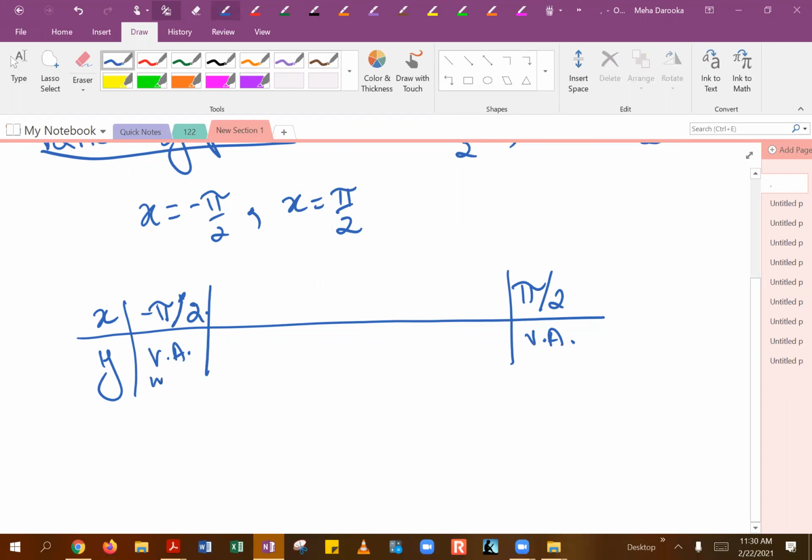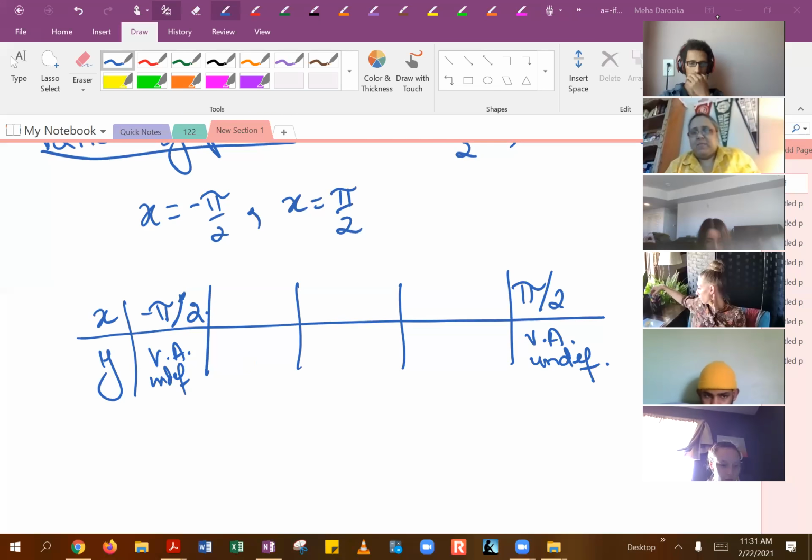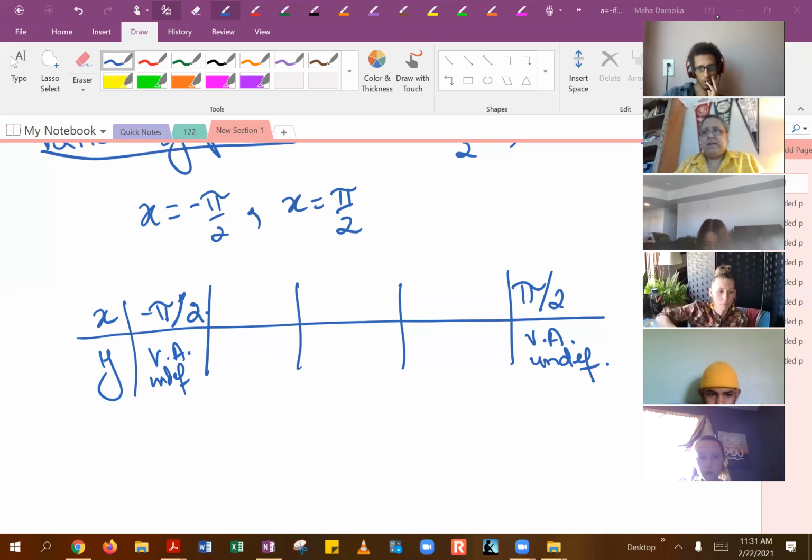So this is actually where it's going to be undefined as far as the y value goes. So what do you think is going to be the halfway point between -pi/2 and positive pi/2, where we will have our x-intercept?